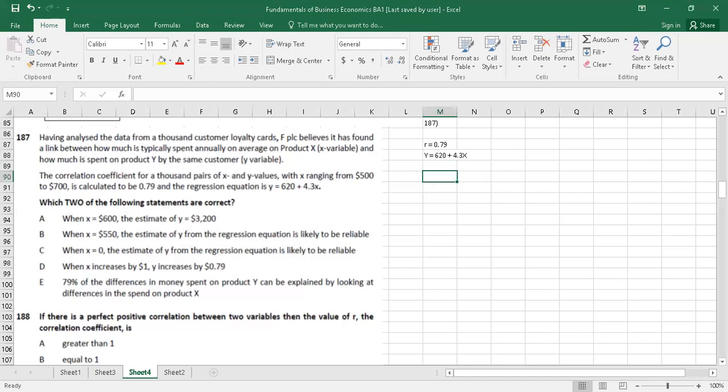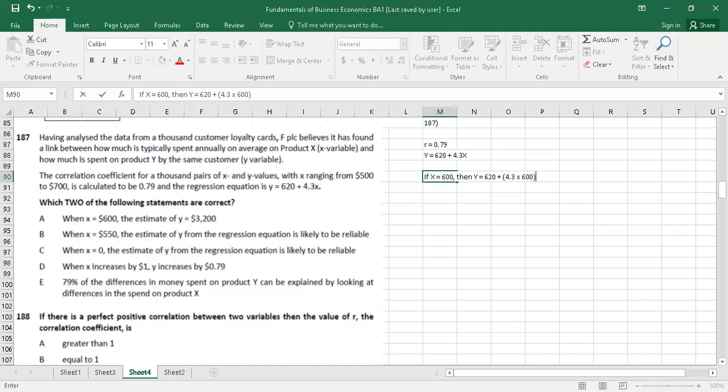If x is equal to 600, then y is equal to 620 plus 4.3 into 600.